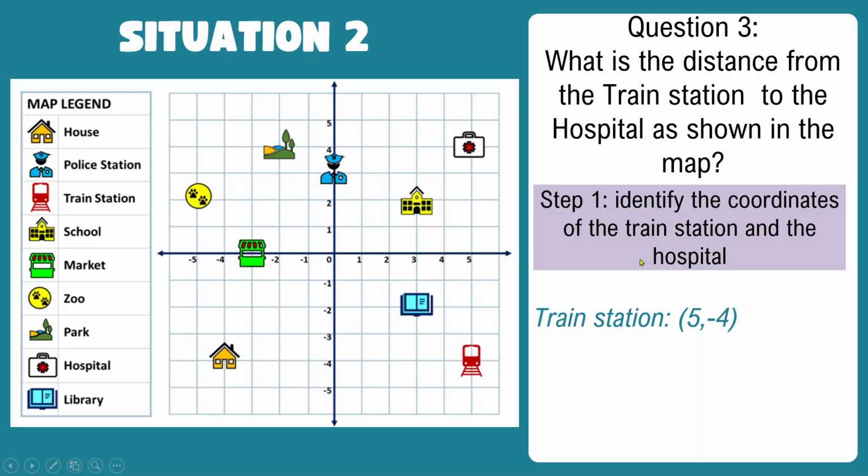Because we're going to use them for the distance formula later on. So the train station is at 5, negative 4, while the hospital is at 5, positive 4.